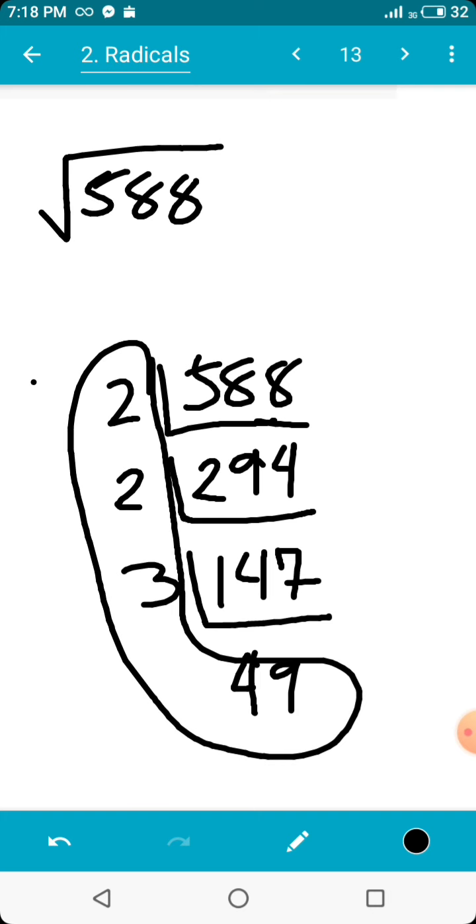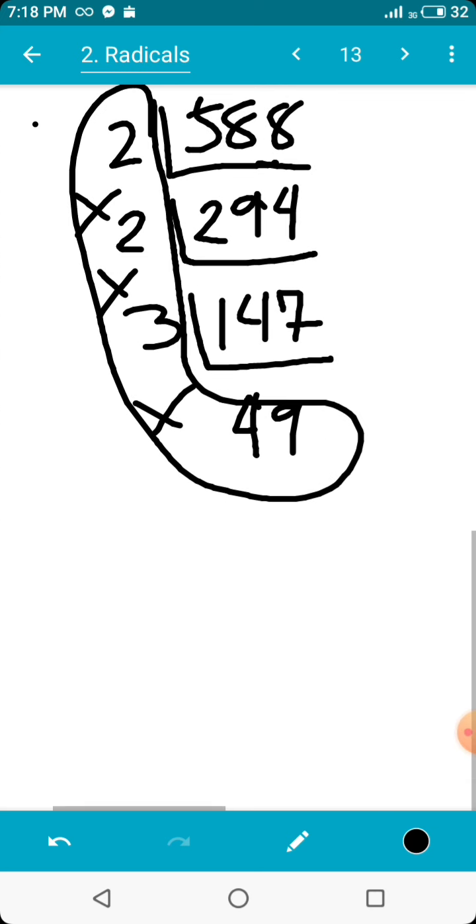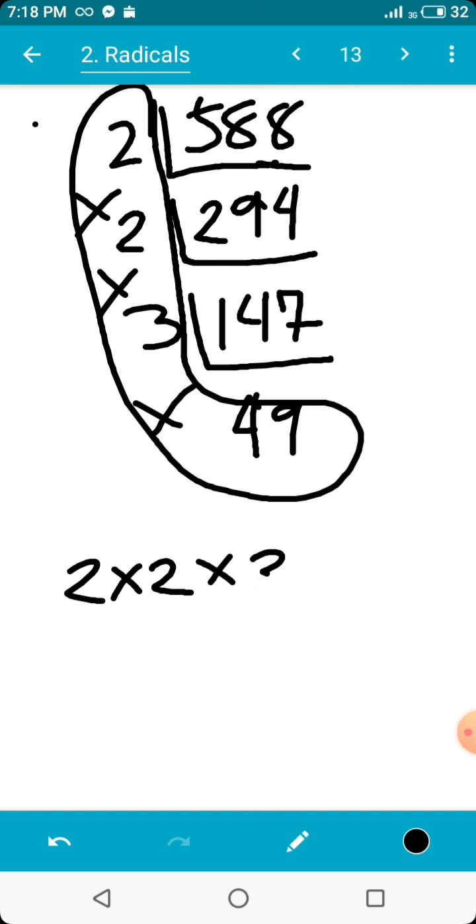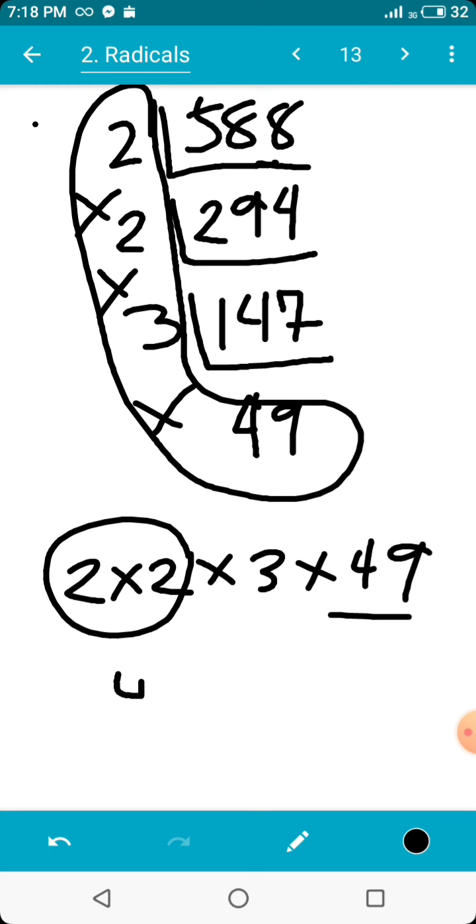So, we have 2 times 2 times 3 times 49, and the answer is 588. So, kung mapapansin nyo, 2 times 2 times 3 times 49. So, ito perfect square na, and ito magiging 4, and that is also a perfect square. Okay?